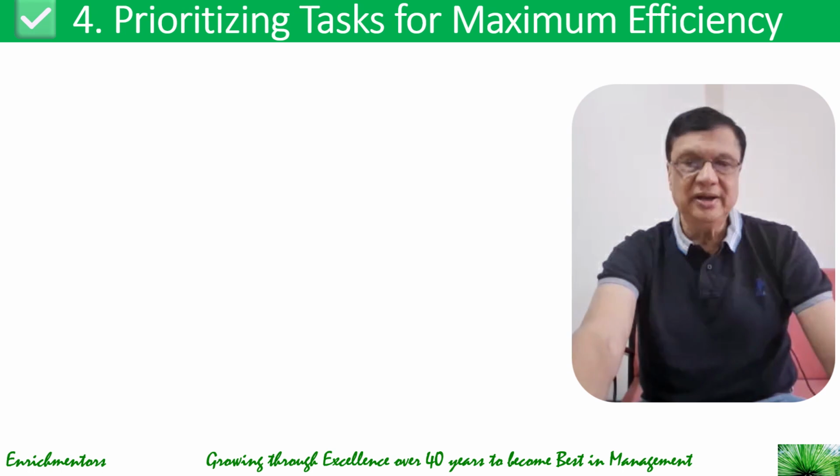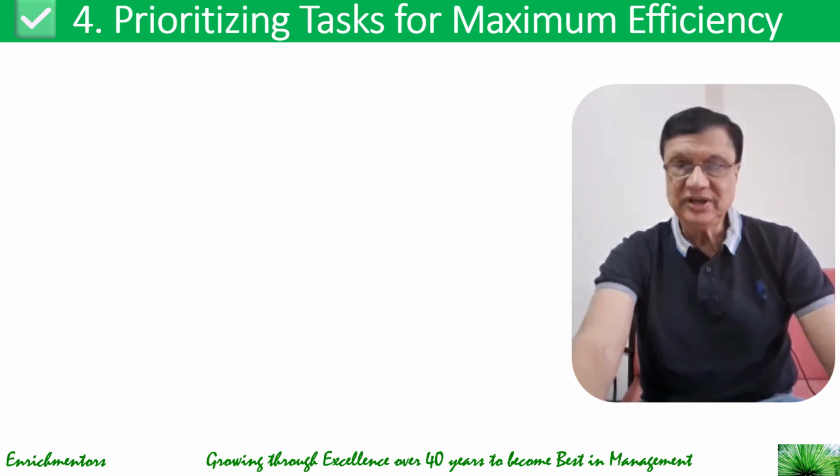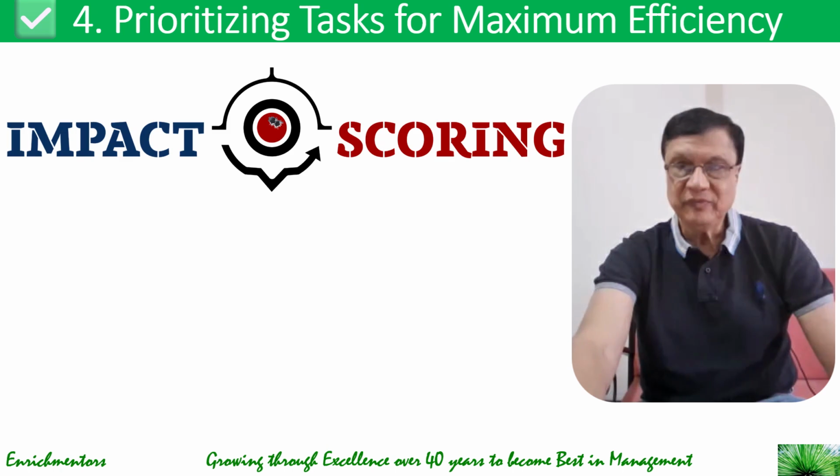The fourth way AI can help in project planning is by prioritizing tasks for maximum efficiency. AI can help project managers decide what to work on best, and it can do that through a few things, like impact scoring, where it ranks tasks based on the impact on goals, deadlines, and client satisfaction.